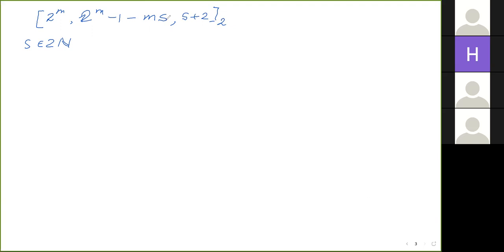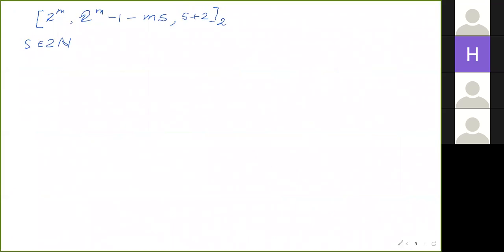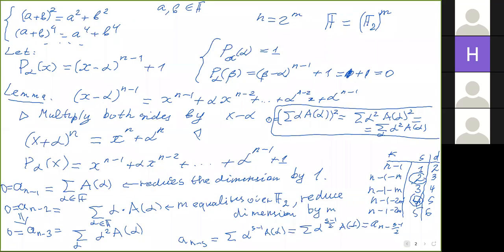And for s equal to 0, the picture is a little bit different. s equal to 0, actually, it's not interesting.